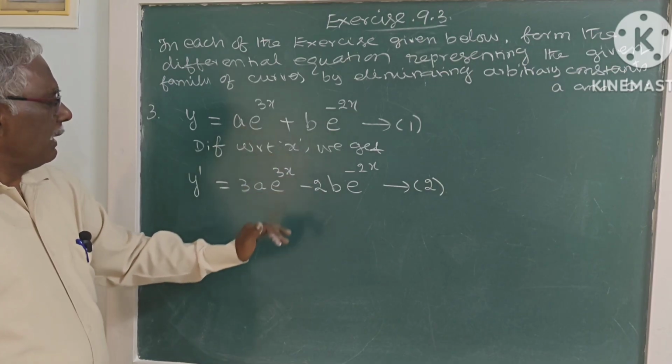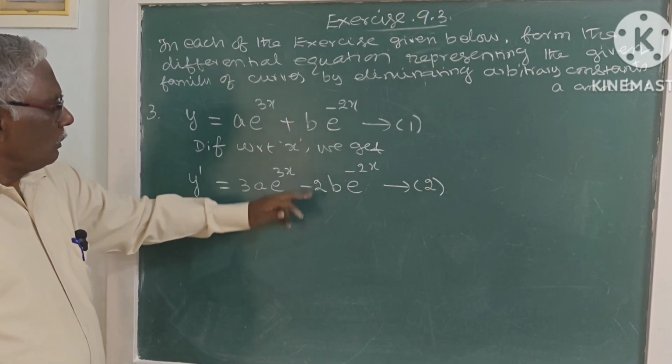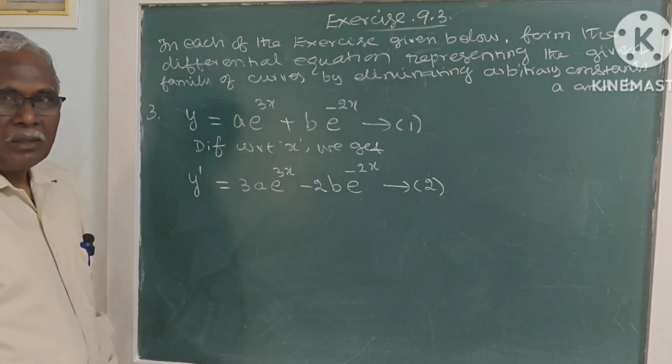Now we can eliminate the arbitrary constant b by multiplying the equation 1 by 2 and adding equation 2.